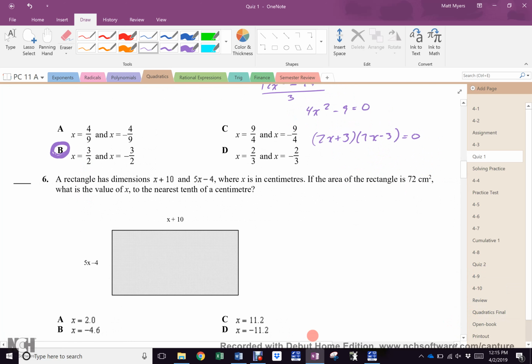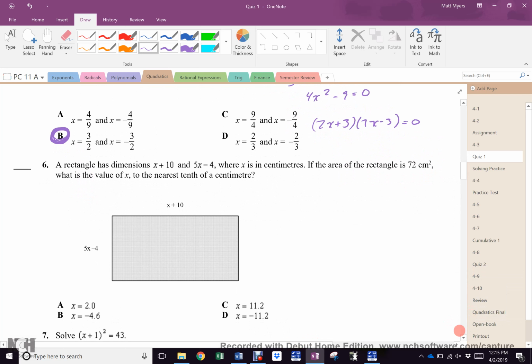And this one, 5x minus 4 and x plus 10 has to equal 72, right?